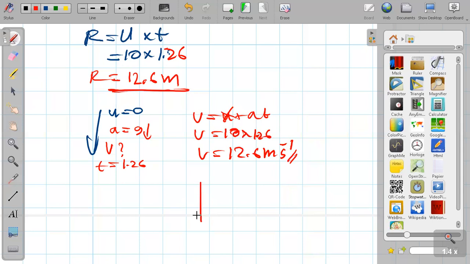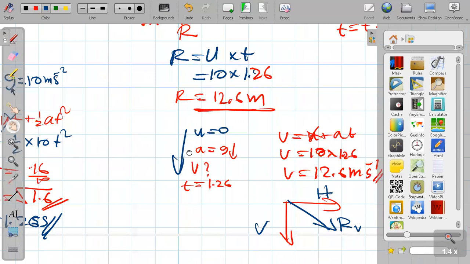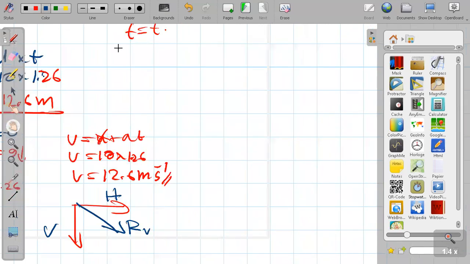They might also ask the velocity. If they just ask the velocity, it means the vertical and horizontal together, the resultant velocity. How would you find it? That's a really simple case.